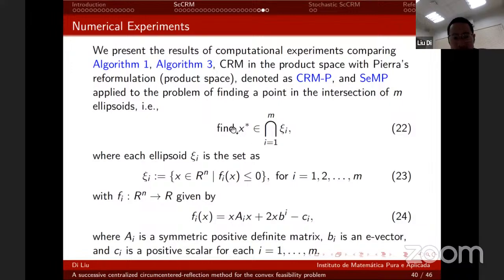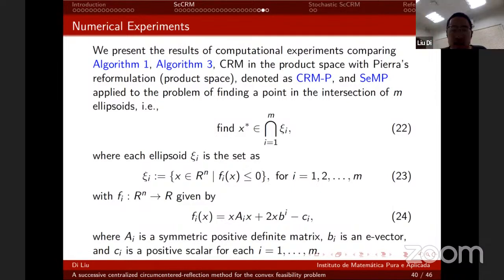We test our problems on several ellipsoids. Ellipsoids are formulated in this way, but here I need to say that there is a problem with the projection to the ellipsoid. Actually, although the ellipsoid, sorry, here should be the ellipsoid and its interior, is a very classical convex and closed set, we do not have a closed formula to calculate the projection to the ellipsoid.